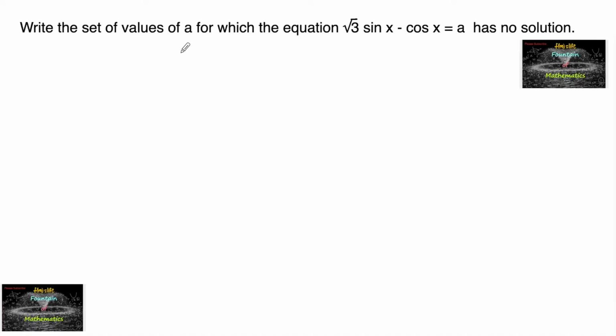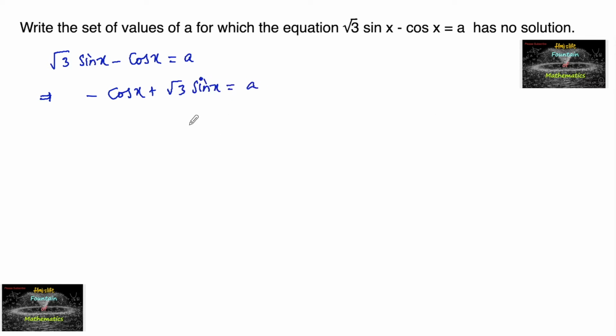Write the set of values of a for which the equation root 3 sin x minus cos x is equal to a has no solution. So this can also be written as minus cos x plus root 3 sin x is equal to a.